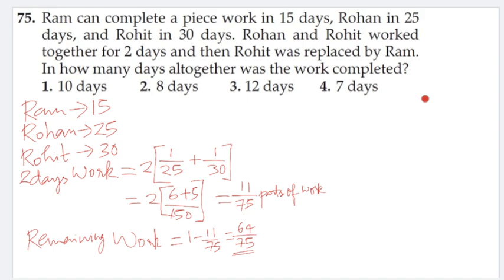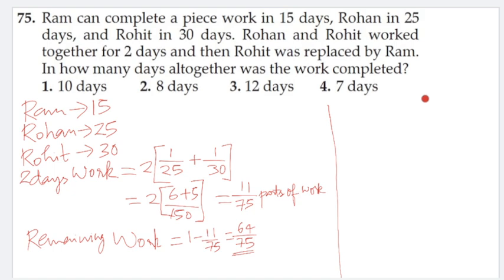So to calculate that, what we have to find out? If we calculate the 1 day work of Ram and Rohan, then we can easily calculate how many days they will take to finish the work.